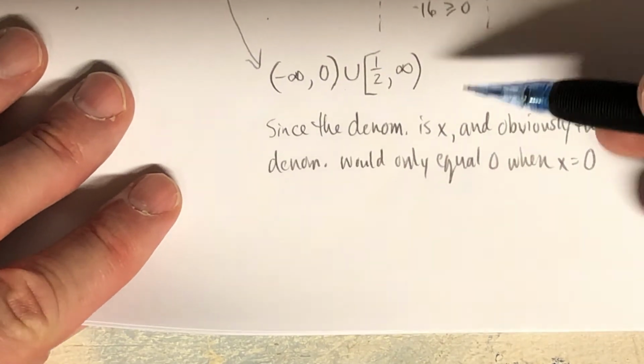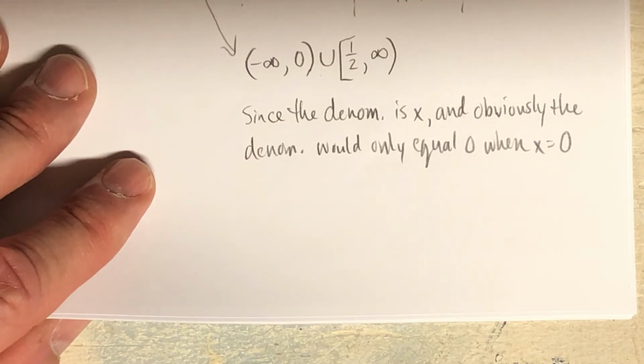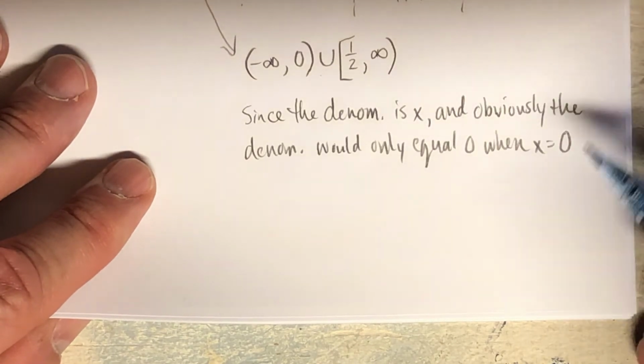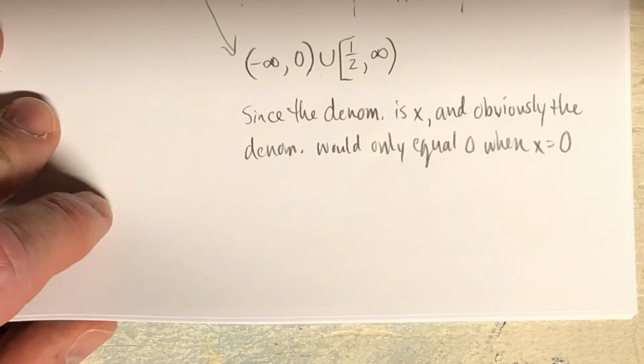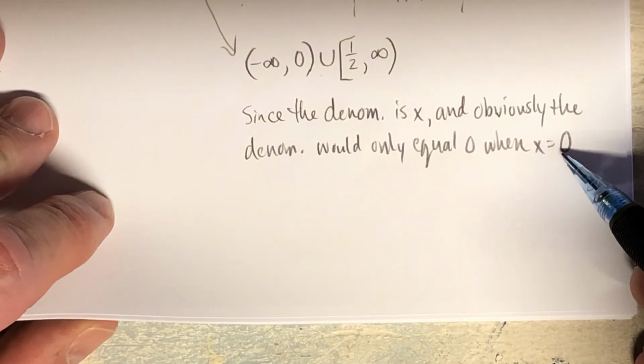You plug in x equal to 0 into x, it's going to be equal to 0. That's the only thing that would make it equal to 0. Okay, then that's going to be the thing that would make the denominator equal to 0. It's just the number 0.